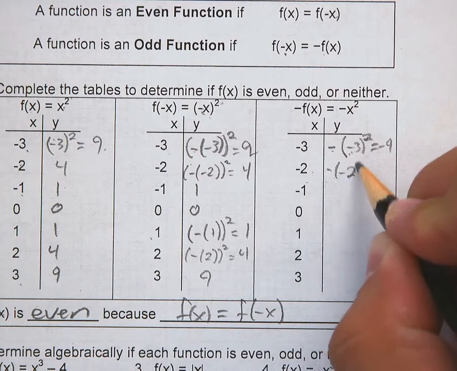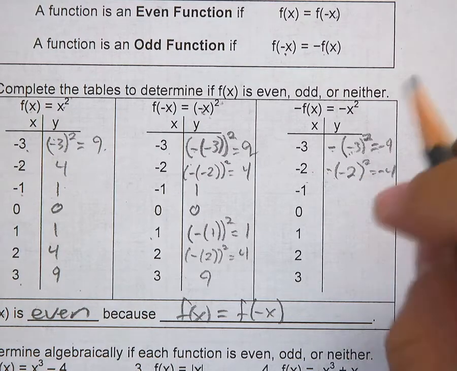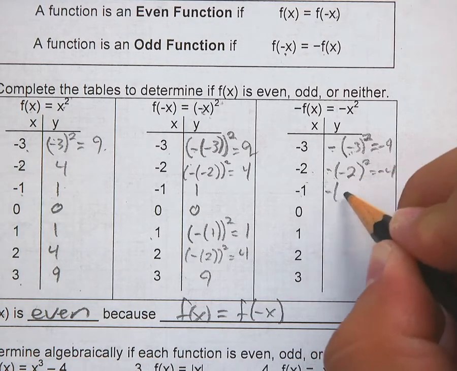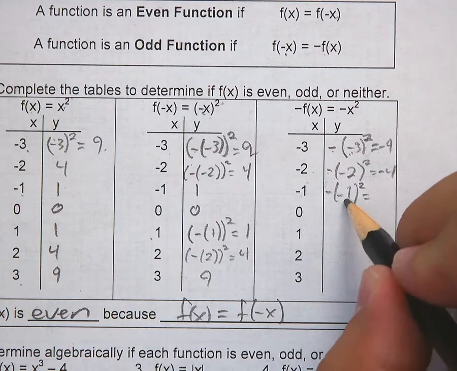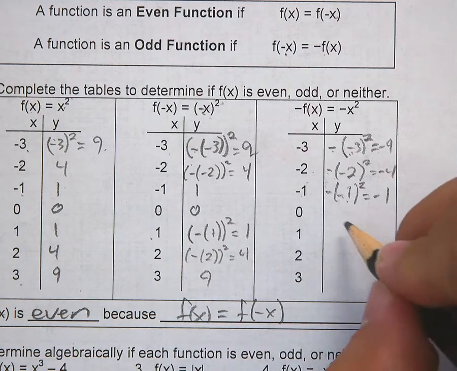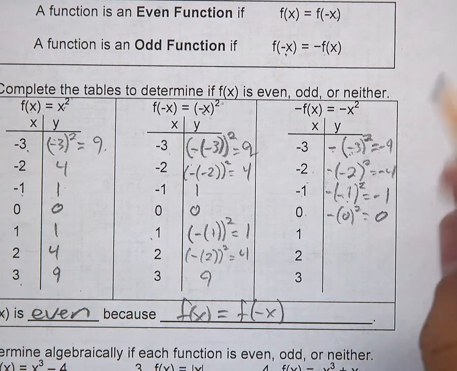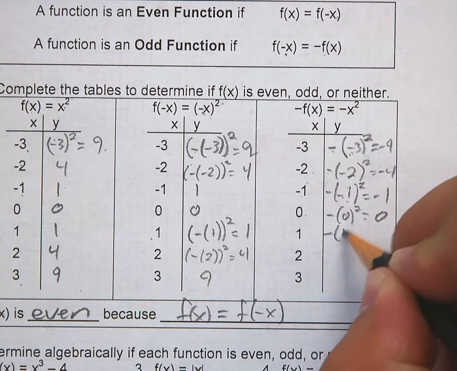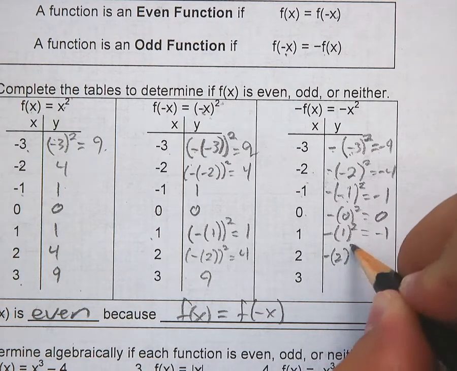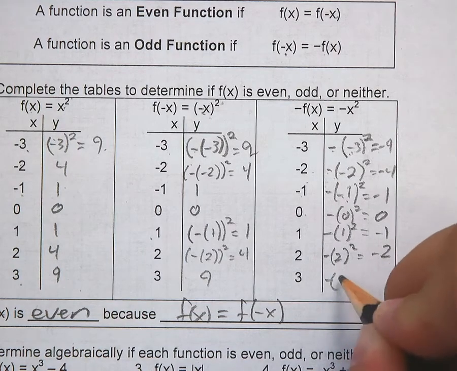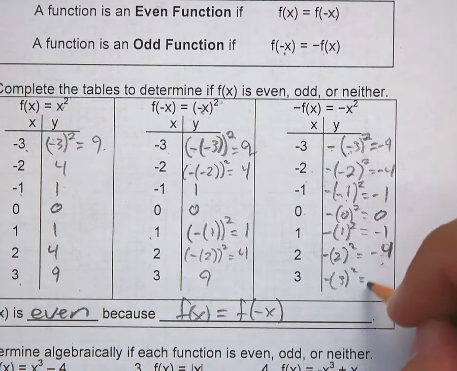Negative, parentheses, -2 squared. -2 squared is 4 with a negative in front. So this will be -1 squared. That's 1 with a negative out front. -0 squared is going to be 0. -1 squared is going to be -1. -2 squared is going to be -4. -3 squared is -9.